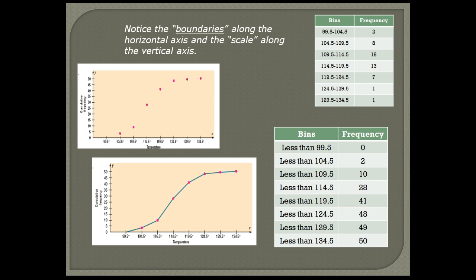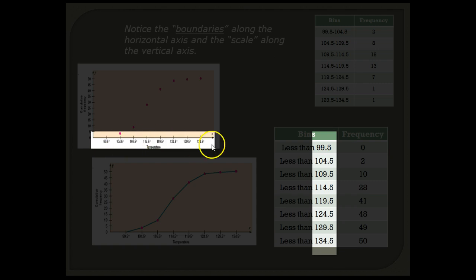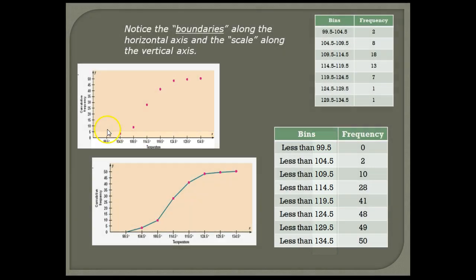Here is an example of an ogive. Notice the boundaries along the horizontal axis and the scale along the vertical axis. Along the bottom, we've started with the lower boundary and ended with our upper boundary, but we've listed each one only once. We've found our cumulative frequency.